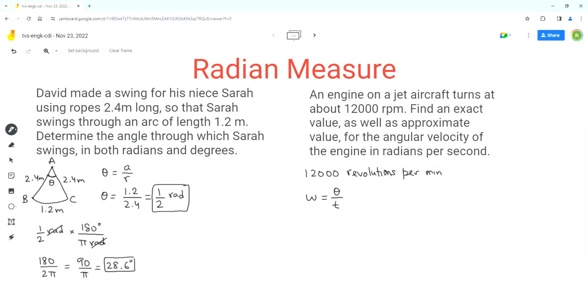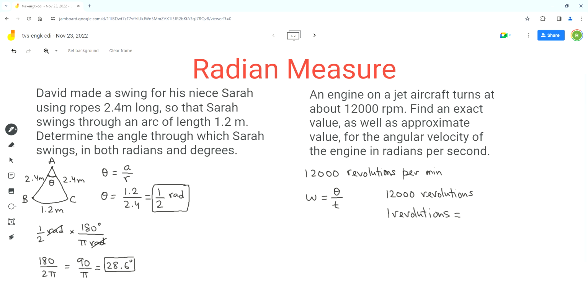Now in this case we are given that the engine completes 12,000 revolutions. Now we know that one revolution in radians is equivalent to 2 pi. We have to use radians because the unit of angular velocity should be radians per second.